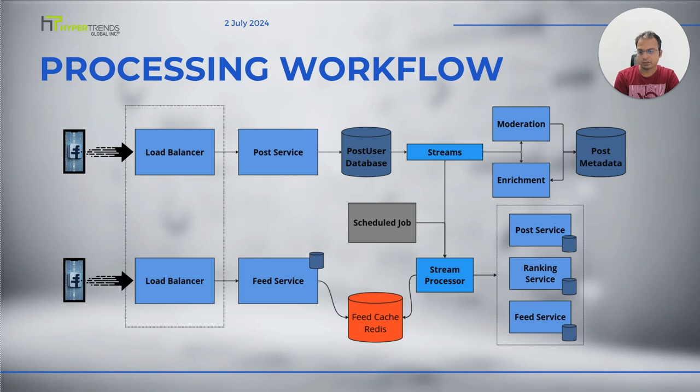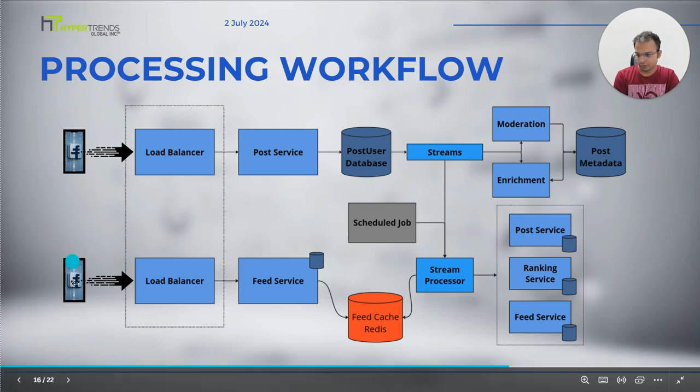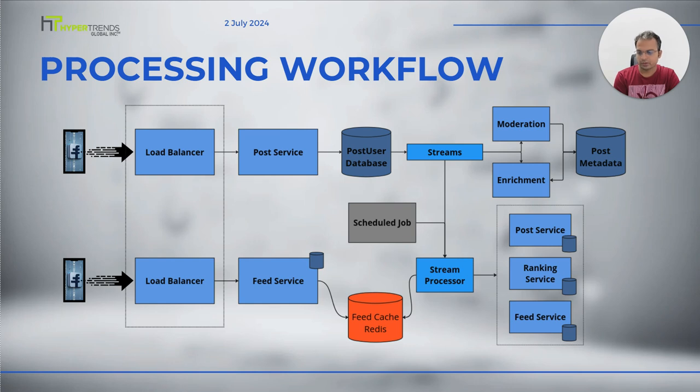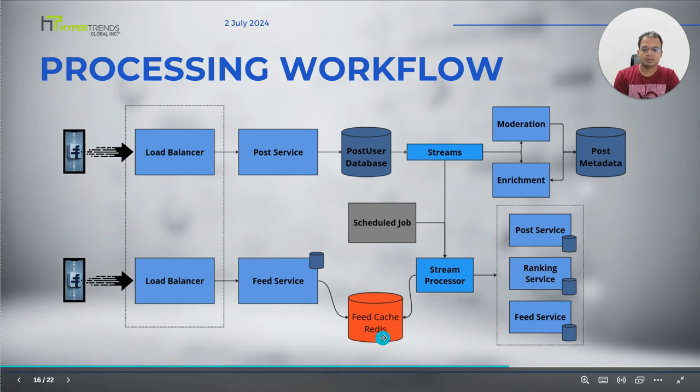And from there onwards, if the user requests the retrieval, requests the data, then again that will come to the feed service, and the feed service will just directly fetch the data from the cache.